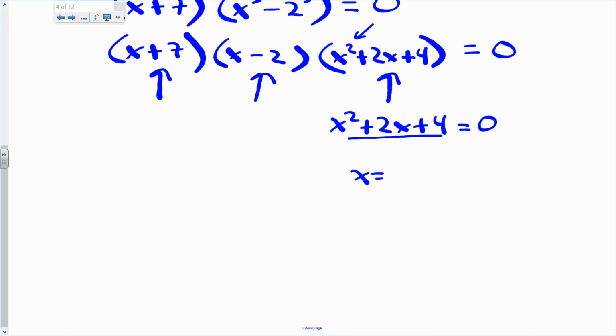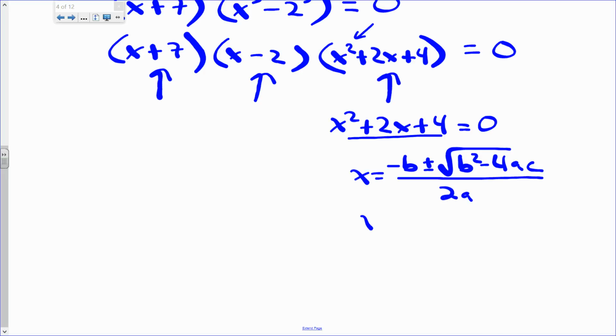So x equals negative b plus and minus the square root of b squared minus 4ac all over 2a. So that's going to become negative b, in this case, negative 2, plus and minus the square root of b squared minus 4 times a, which is 1, and then c in this case is 4.